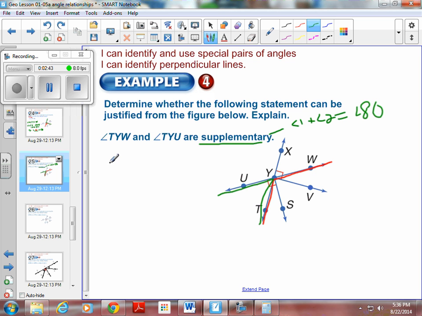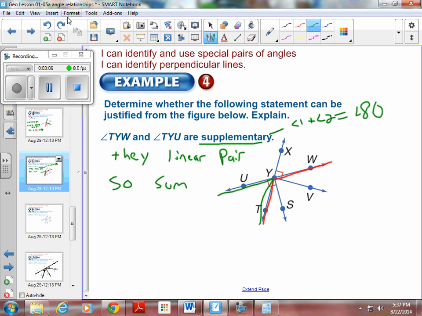So we know they're a linear pair, and you know a linear pair is 180 degrees. So the sum, lines are 180 degrees.